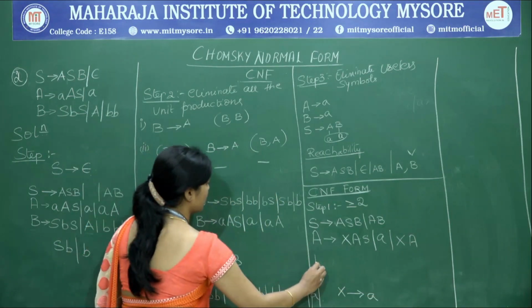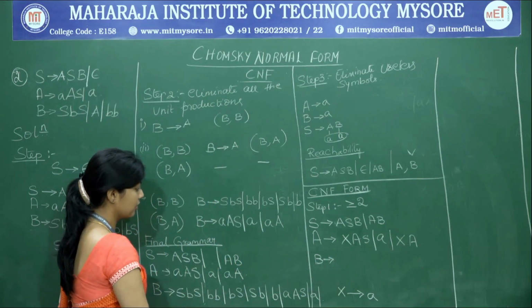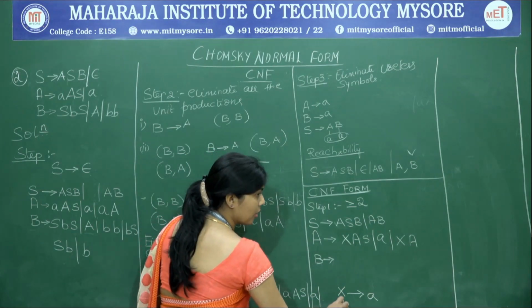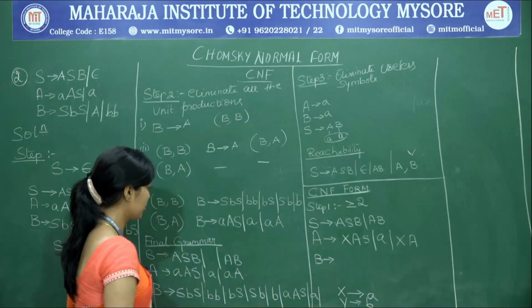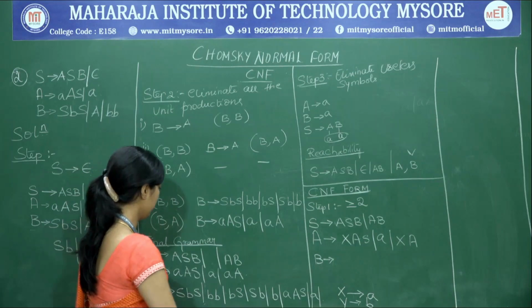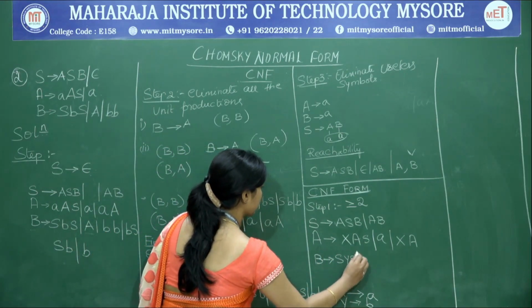Next we consider all the productions of B. So B has got SBS. So we need one more variable, that is nothing but Y goes to b. So we have Y goes to b, and now we will make the changes to the productions of B. So SBS is going to become SYS.